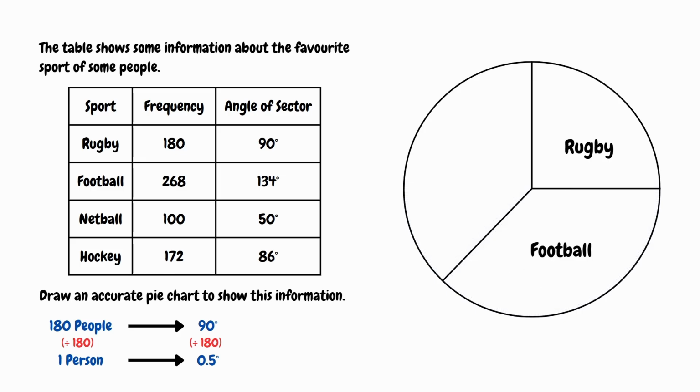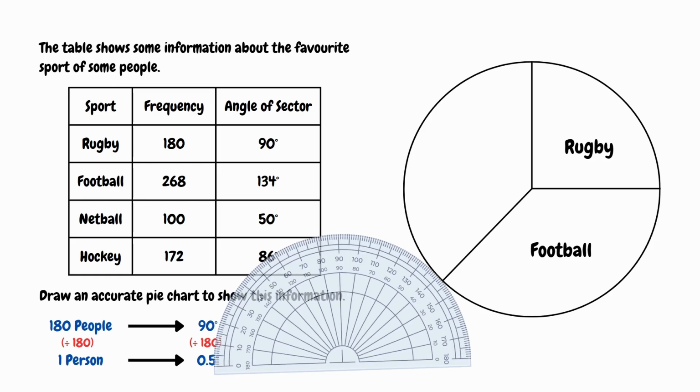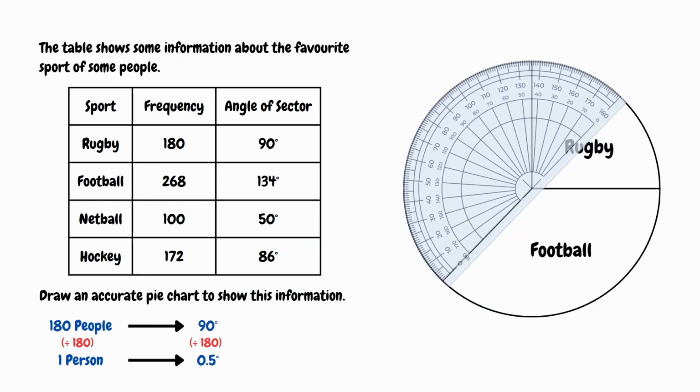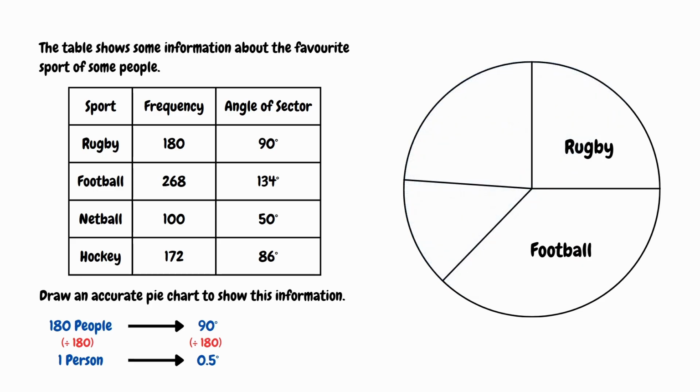We're then going to do the sector for netball. So lining up our protractor again, using the outside numbers, we're going to draw our angle of 50 degrees, which would go here. And then we need to make sure we label our sector. So we've now finished, but again, just like we did in the last question, we can make sure that our final sector is actually 86 degrees.